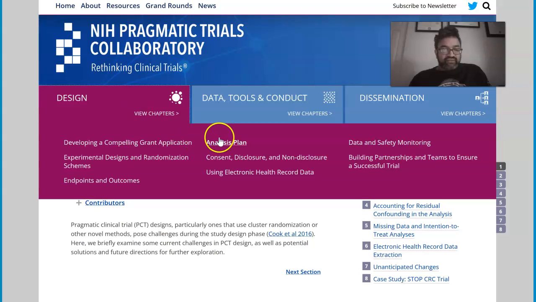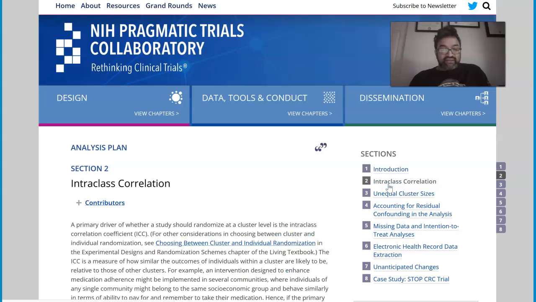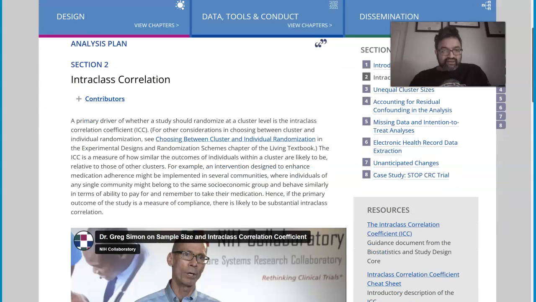What is interesting is that the analysis plan is in fact so early, and there's a lot of time and effort in this chapter to look at how to randomize, and that's important too. But also the intra-class correlation coefficient.